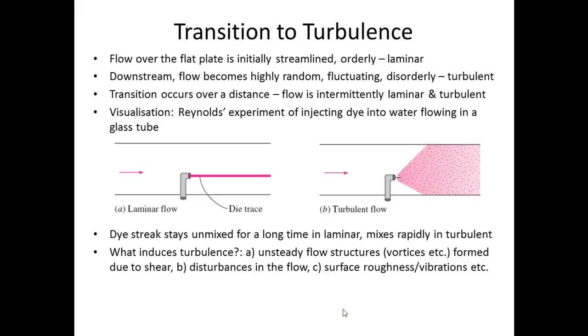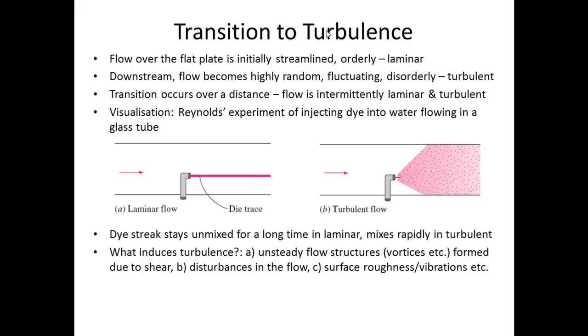In our previous discussion on the growth of the velocity boundary layer over a flat plate, we had described that initially the velocity boundary layer is going to be laminar in nature, because the flow is going to be orderly and streamlined in the initial stages. Whereas after a certain distance, we have seen that there is a transition to turbulence.